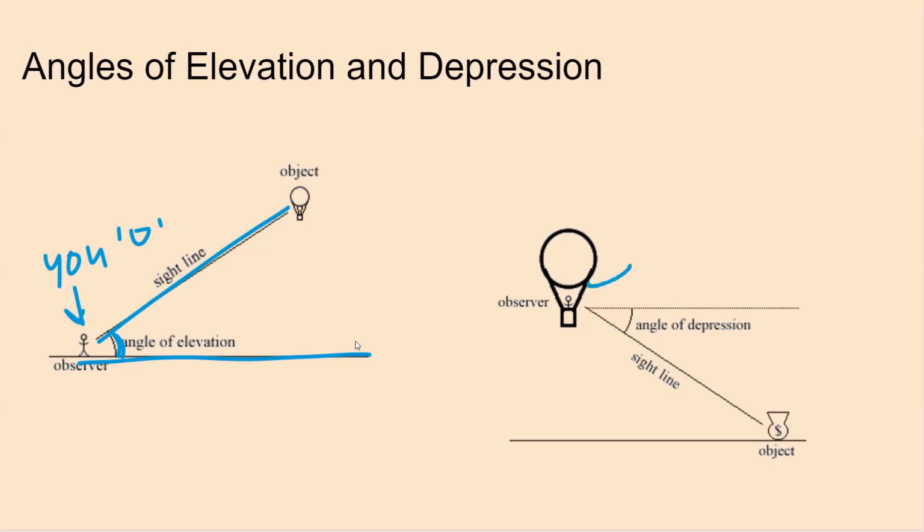Now over here, we actually have the opposite. So here's you again, now you're on an air balloon. You are looking down. Let's say first you looked at a straight line that is parallel to the ground. From this parallel line, you would tilt your head down and look towards whatever this is.